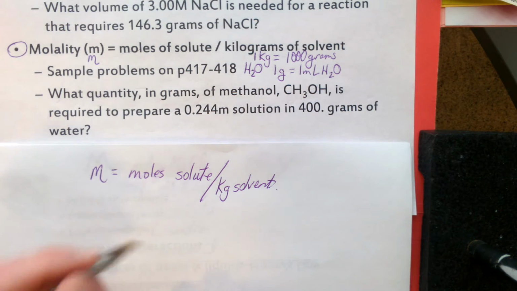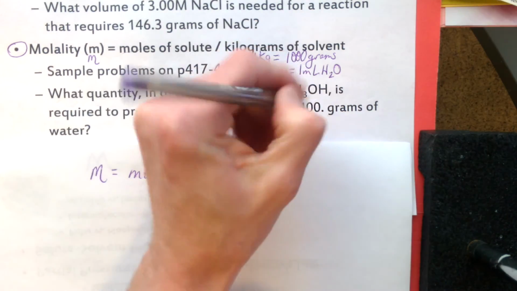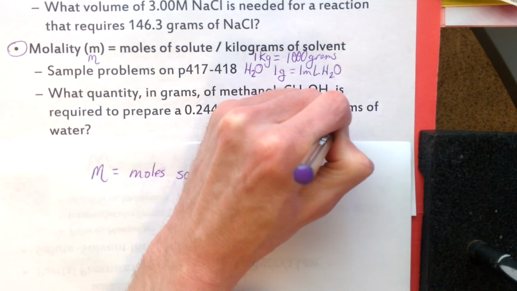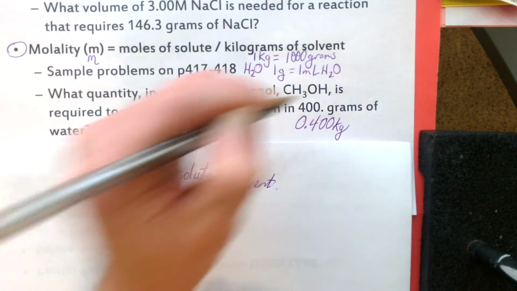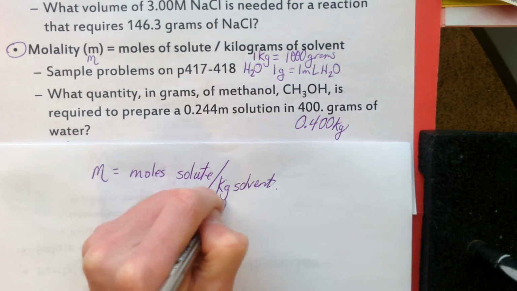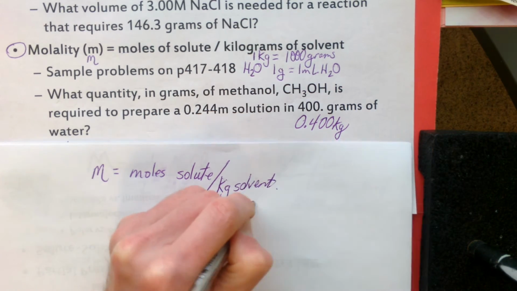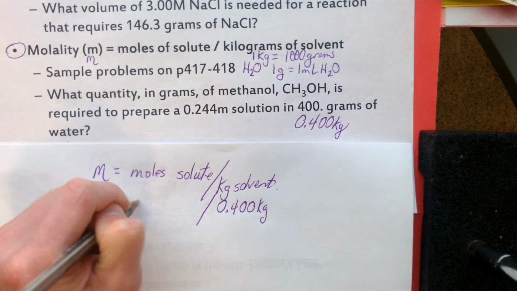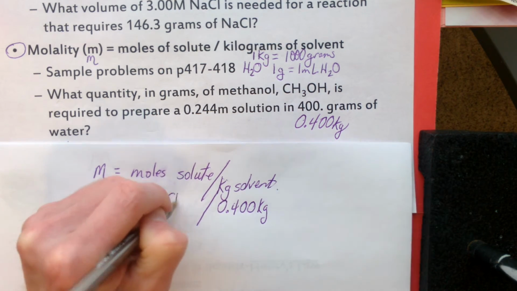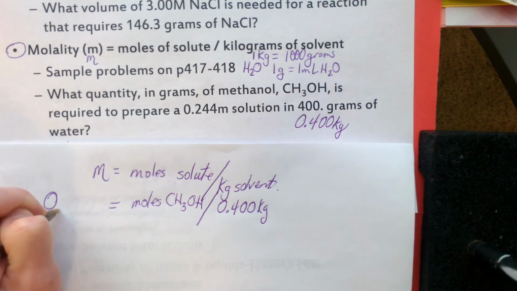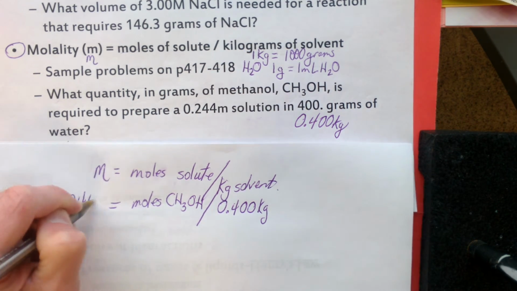Well, first thing I notice is this 400 grams of water. Let's change that to kilograms, so 0.400 kilograms, because that's our solvent. Let's put that into place, 0.400. Moles of methanol, CH3OH, and the molality of this solution needs to be 0.244.